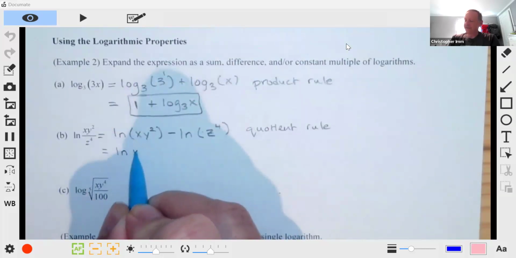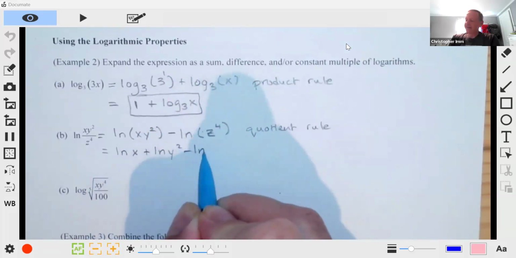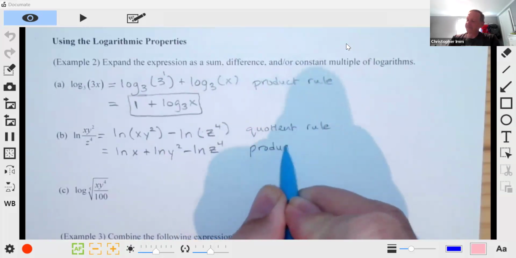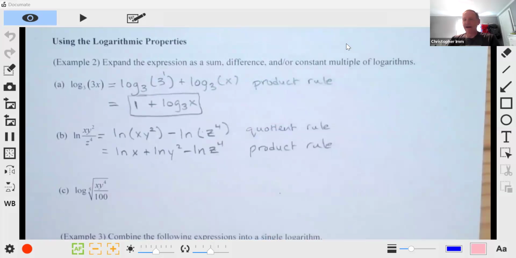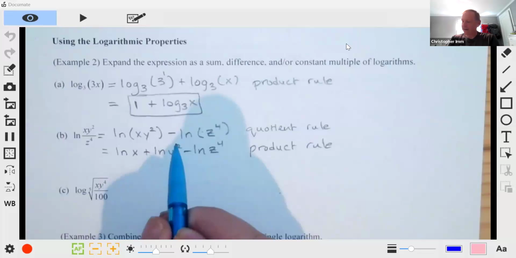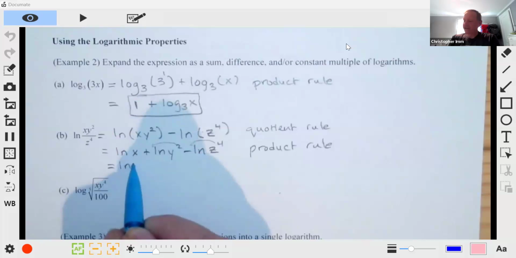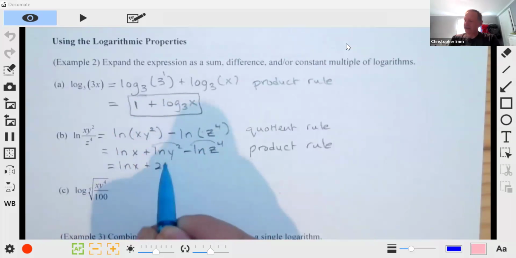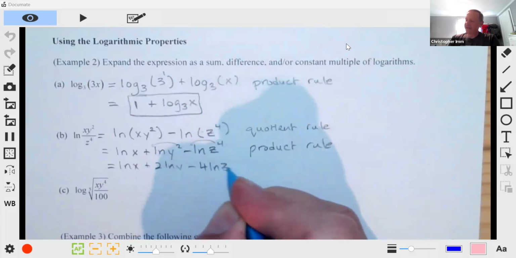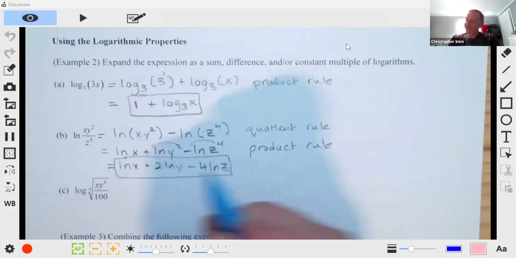I'll have natural log of x plus natural log of y squared minus natural log of z to the 4th, and that's by the product rule. And finally, I'm going to use that power rule to bring some of these powers down. So by the power rule, I'll have natural log of x plus 2 natural log of y minus 4 natural log of z. And this will be that nifty power rule.